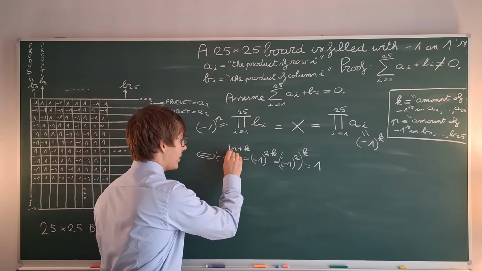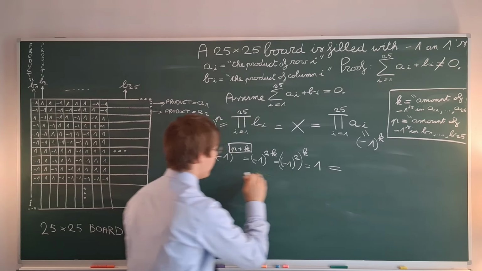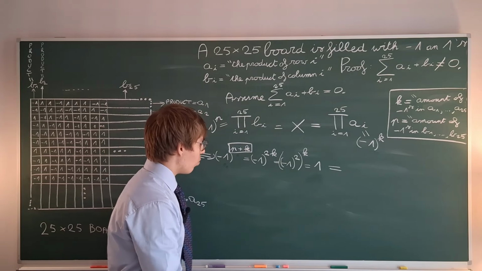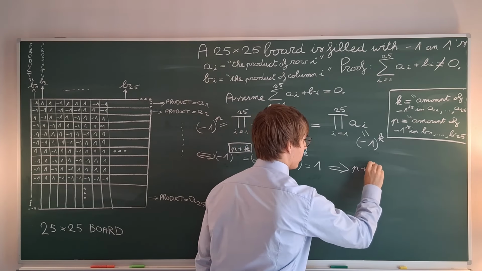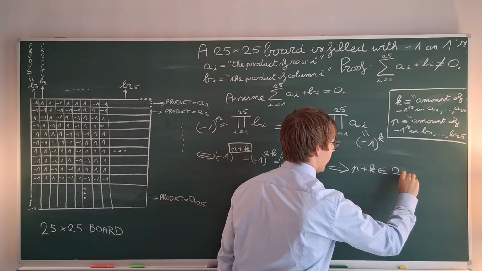So then we know that this exponent has to be even, since minus 1 to the even number is the only possible way to get a 1. So P plus K is an element of 2ℕ.